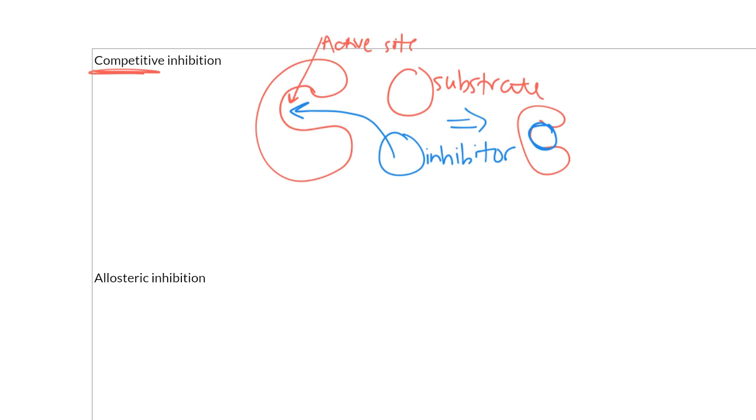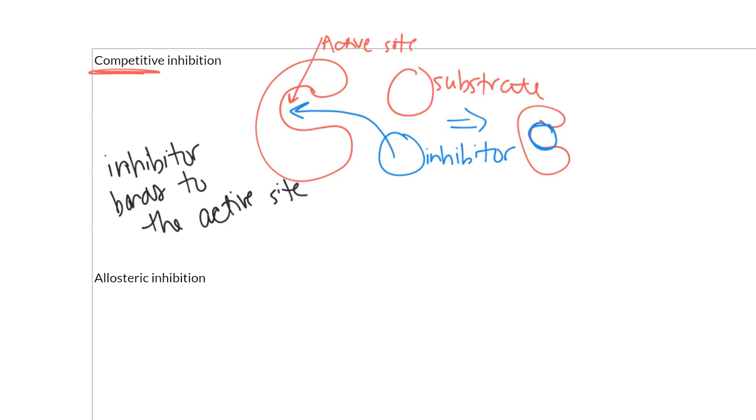So the enzyme isn't bonding to the substrate, it's bonding to the inhibitor. So competitive inhibition, the inhibitor bonds directly to the active site. So physically blocking the active site from the substrate.